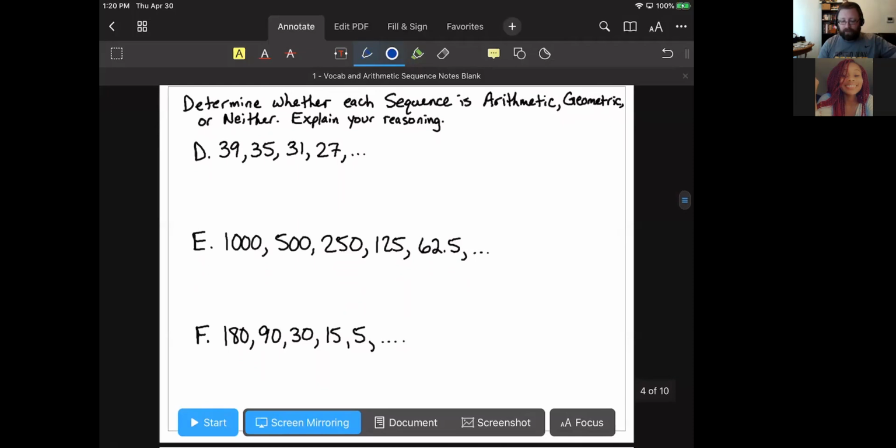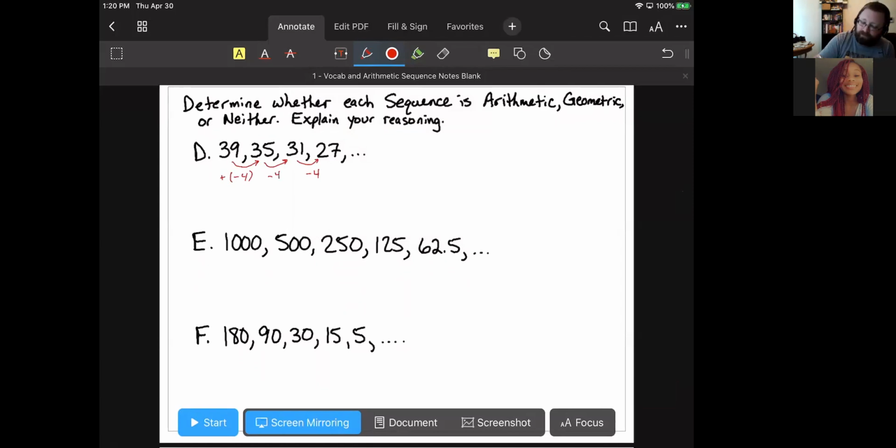Okay. So here's 3 more examples of arithmetic, geometric, or neither. And again, we're looking for a pattern here. So in that first one, we should see the pattern is that we are subtracting 4 each term, which is the same as adding -4, which is why I say there's no difference between addition and subtraction.